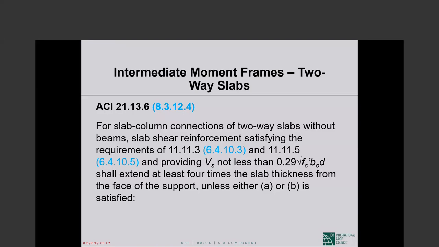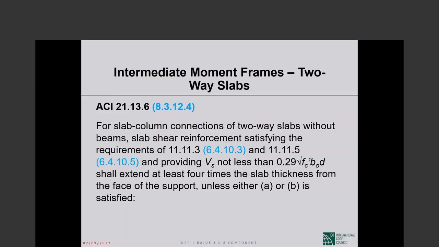So we came up with a solution that said: deformation compatibility between gravity frame and seismic force resisting shear walls, which you are ignoring anyway, shall be deemed to be satisfied if you throw in a prescribed amount of punching shear reinforcement at every slab column joint.